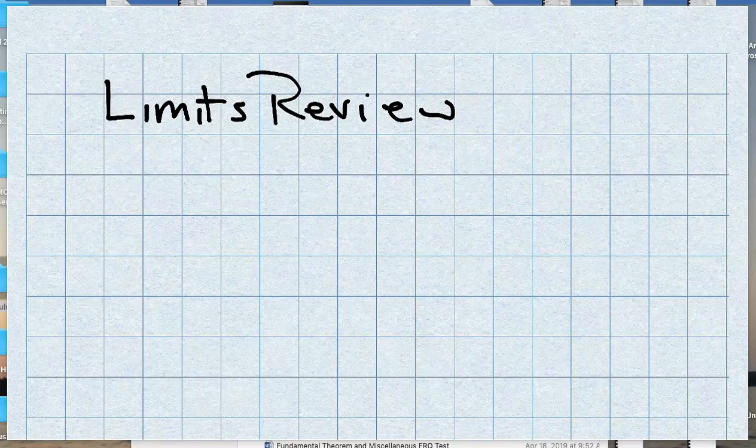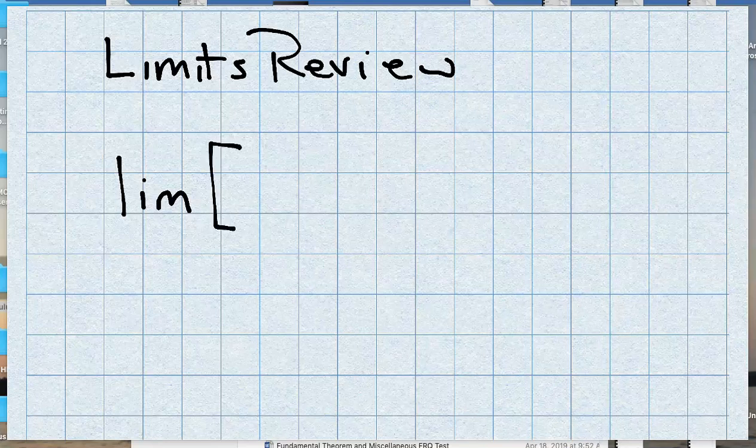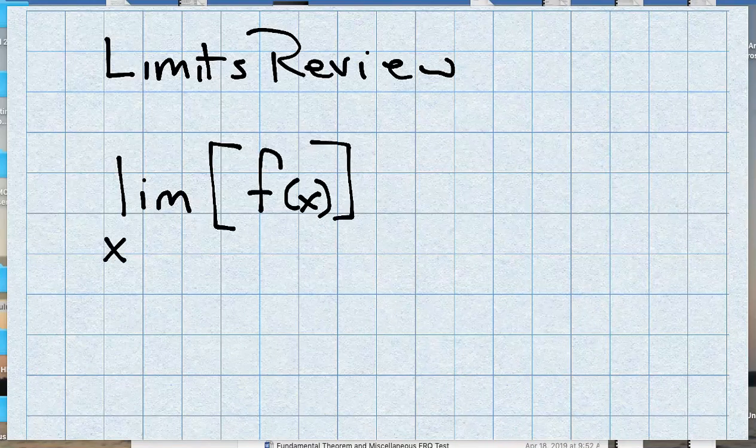So if you remember, when you're looking at the notation for a limit, it is going to look something like this. When you think about the limit notation, this part, the LIM, stands for limit.